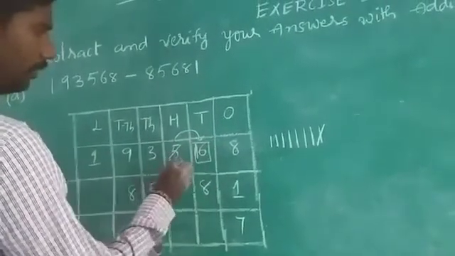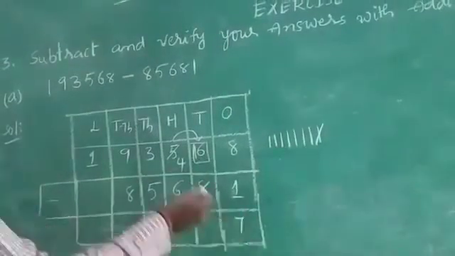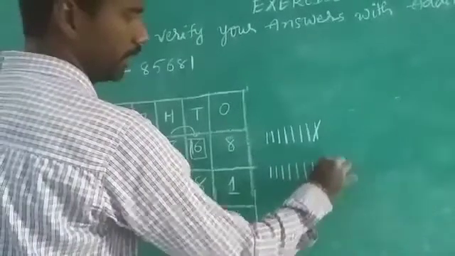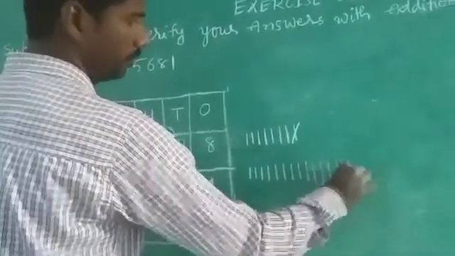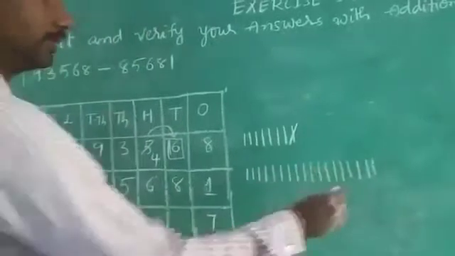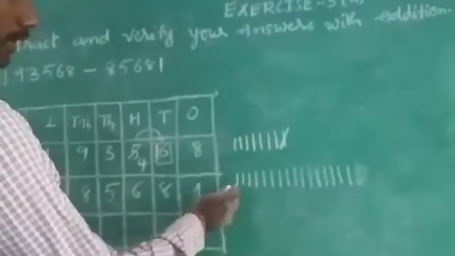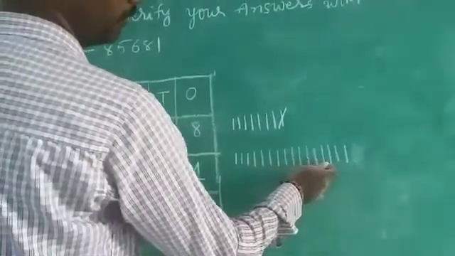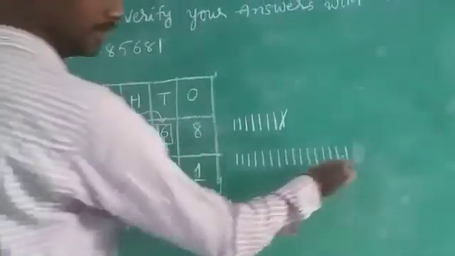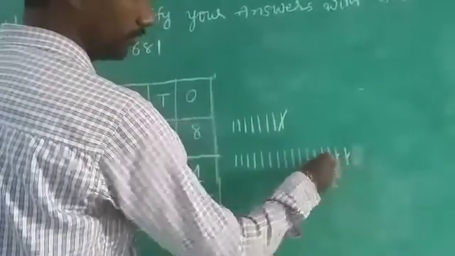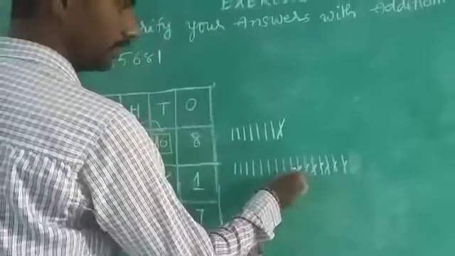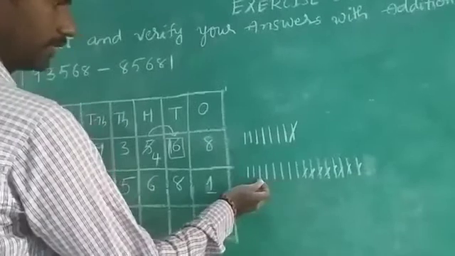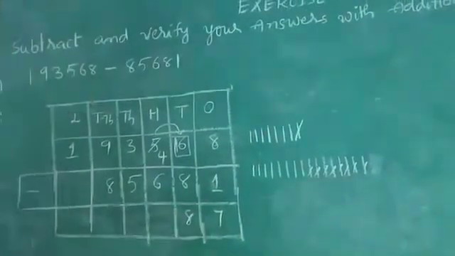Then it will become 4. 16 minus 8: count 8 from 16, and you will get 8.